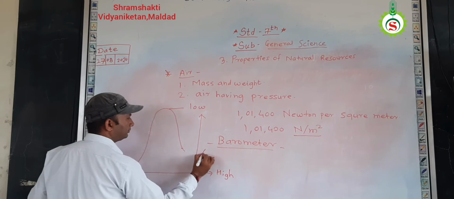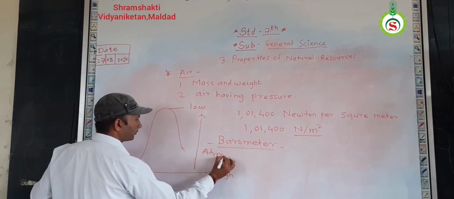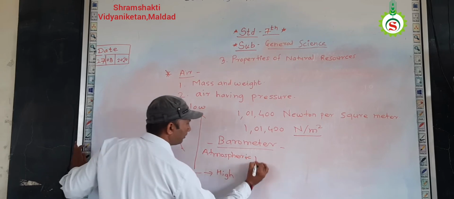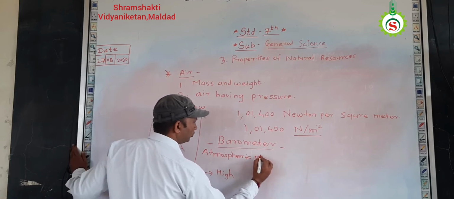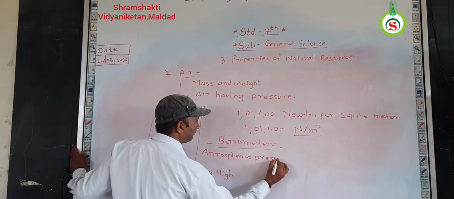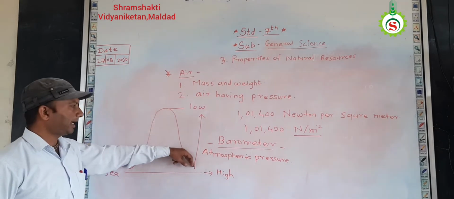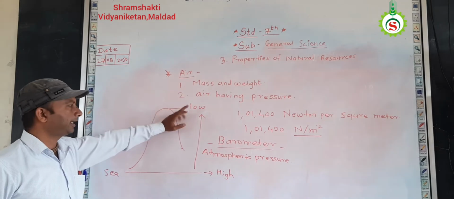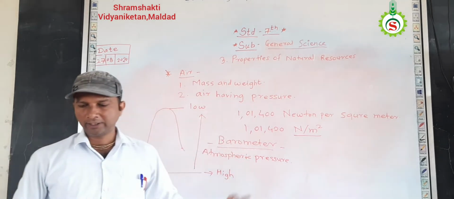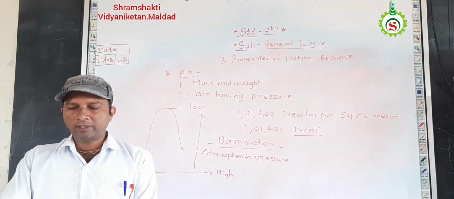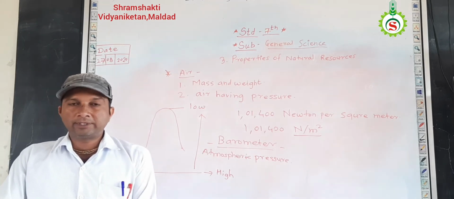Understand? So atmospheric pressure decreases from down to up. When we go downside, the atmospheric pressure is high, and when we go upside, it is low.